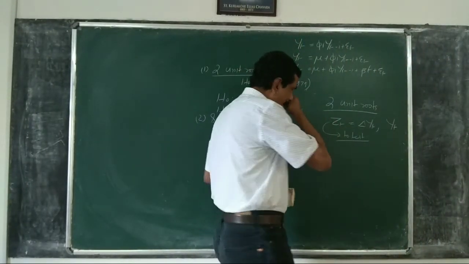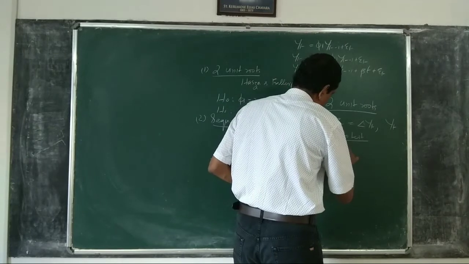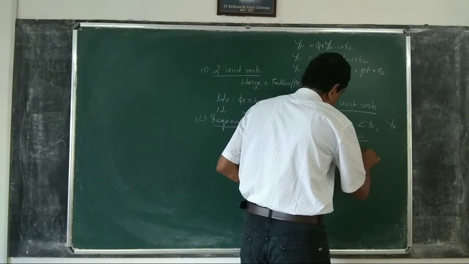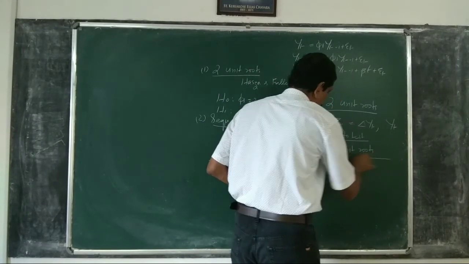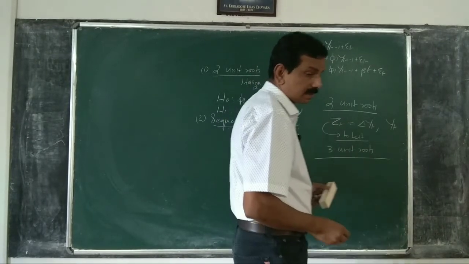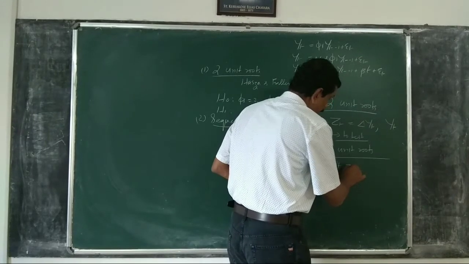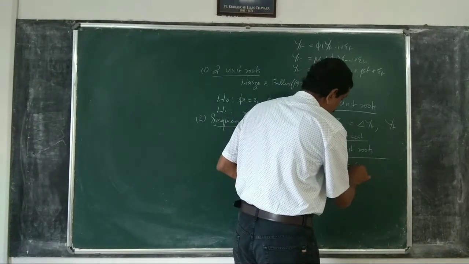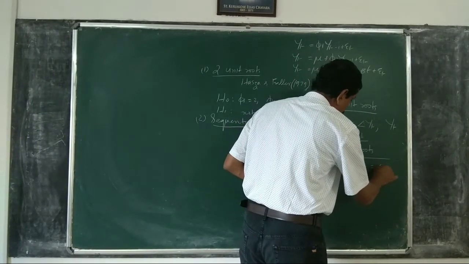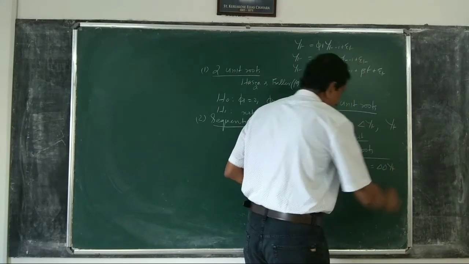Now, if you want to test for three unit roots, though it will not be necessary in most cases, then you test for one unit root in wt, where wt is equal to delta zt, which is delta squared yt.